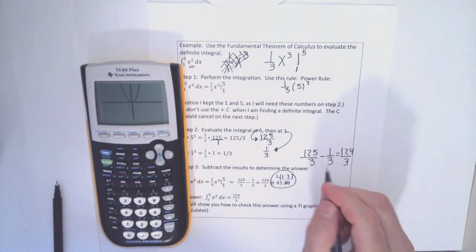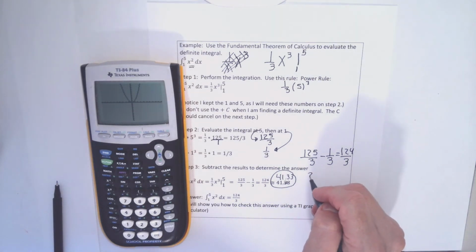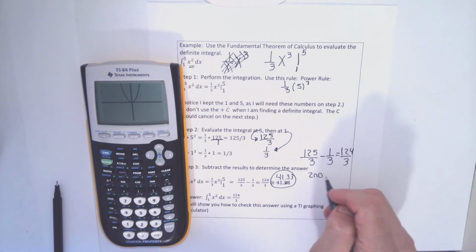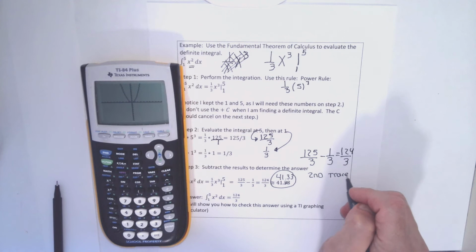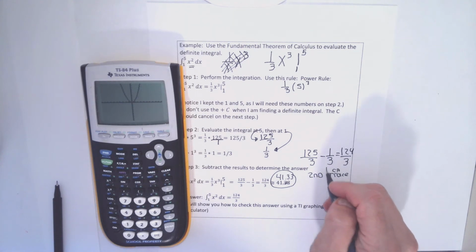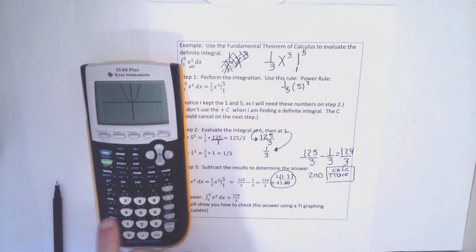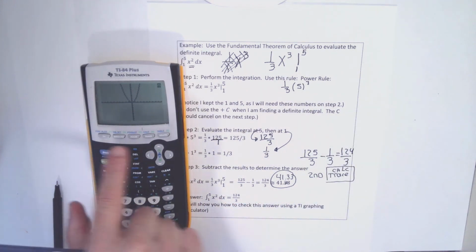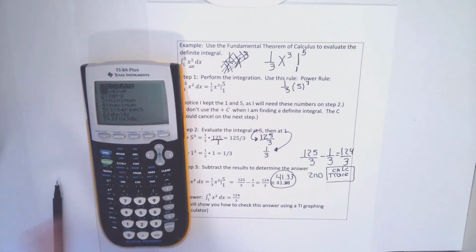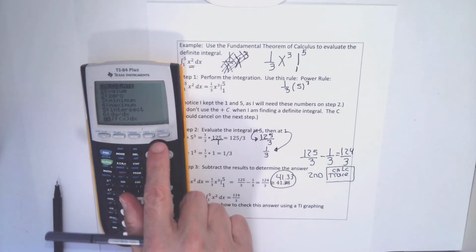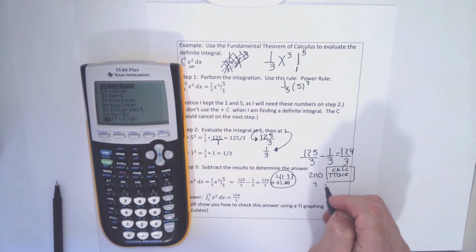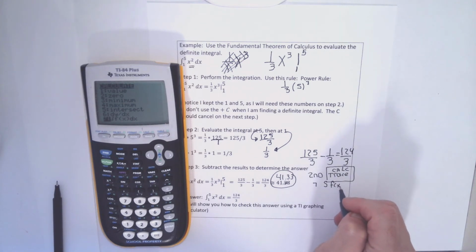So to get this area, I'm going to hit the second key, followed by the trace calc key. I'm looking for the calc option as opposed to the trace option. So second, trace calc. And then I go down to the integral symbol. So I go down to option 7. Either type the number 7 or scroll down to the number 7 and hit enter.